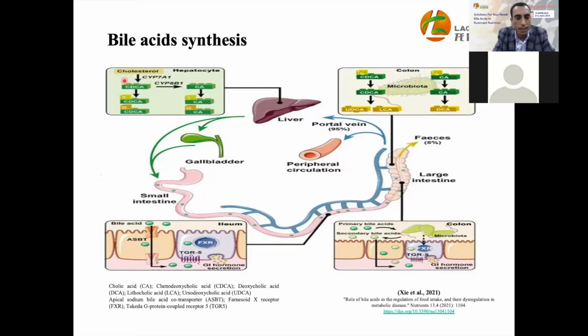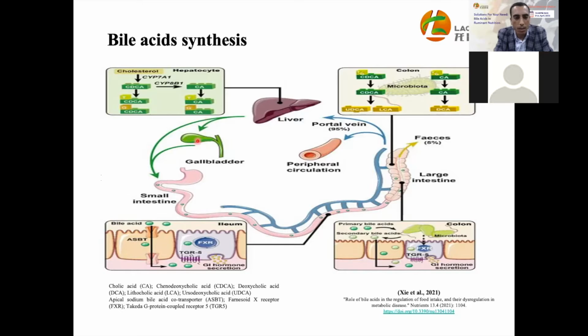Primary bile acid contains two categories, cholic acid and chenodeoxycholic acid. These are the two primary bile acids. After conversion from cholesterol, each of them is conjugated with taurine or glycine before being secreted and stored in the bile.